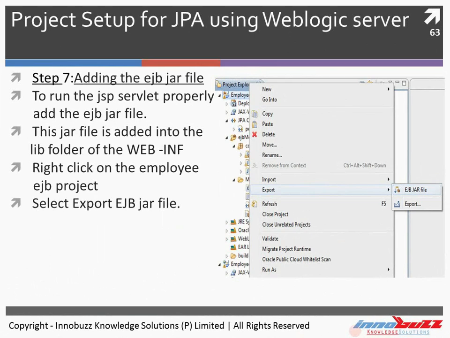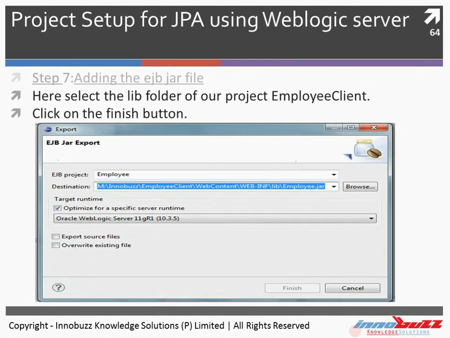Once you have clicked to export the EJB jar file, you'll come up with this window where you can add the EJB jar file to a particular location. The location will be the lib folder of the web client.